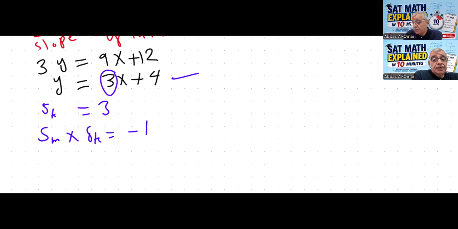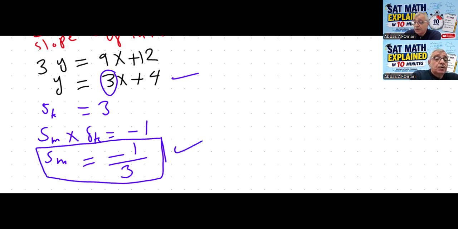So the slope of line M equals -1 over the slope of line K, which is 3. So the slope of line M is -1/3, which is the answer for this question.